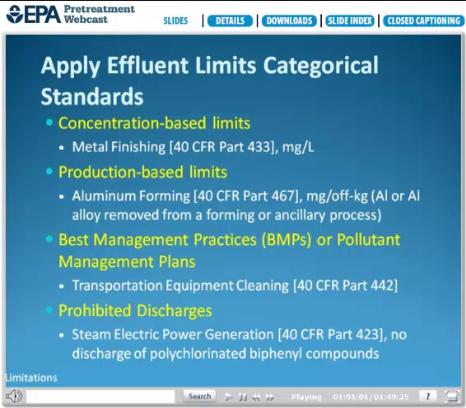Those plans are used in lieu of compliance with a set of standards and describe activities that the user will do to prevent pollutants from entering the waste stream. Categorical standards can also specify prohibited discharges, such as those in the steam electric category, which prohibit the discharge of PCBs.